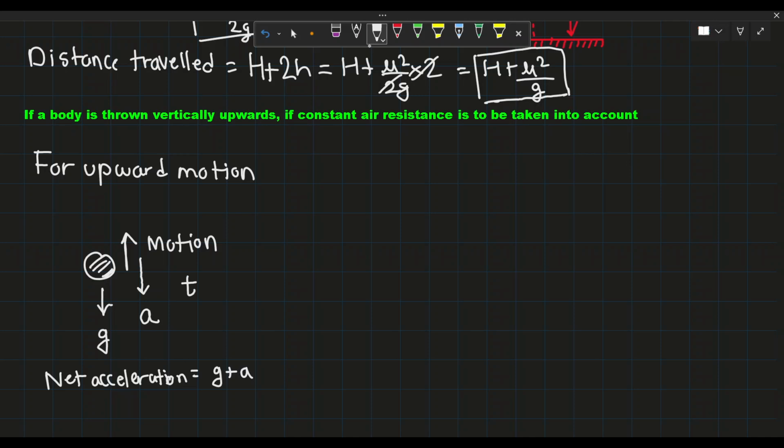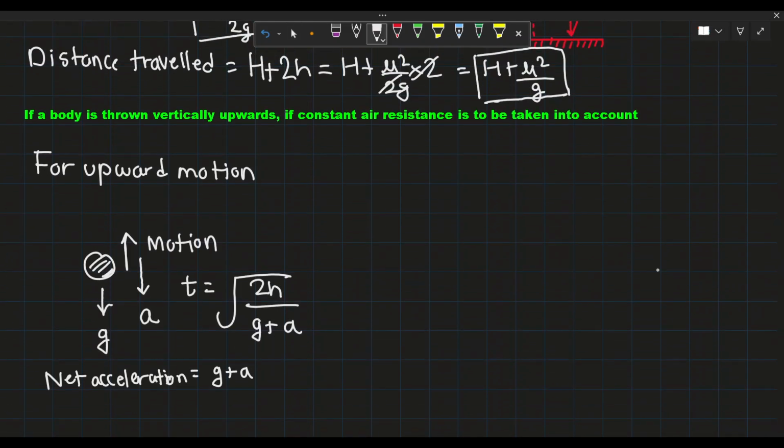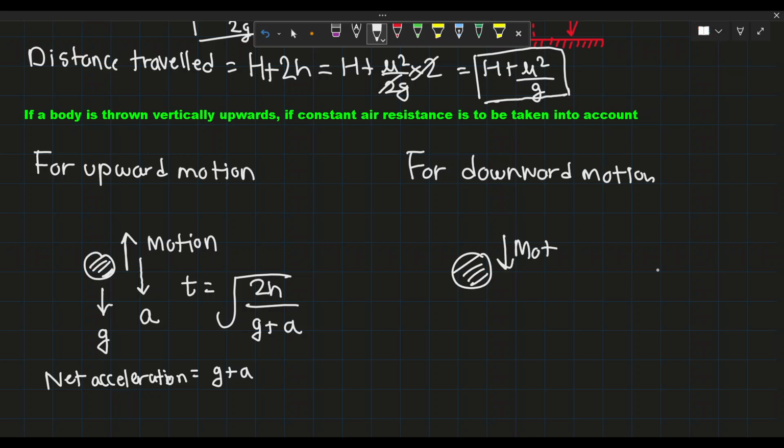So the time required to reach the maximum height over here would be under root of 2h by a net, where your net acceleration is g plus a. The second case is your downward motion. The motion of the body is downwards.